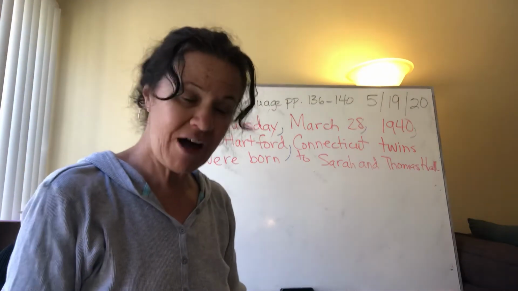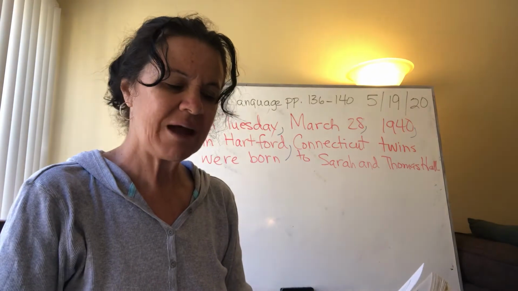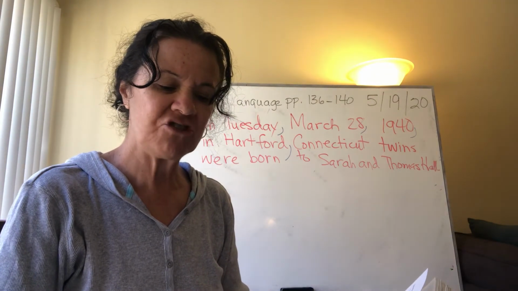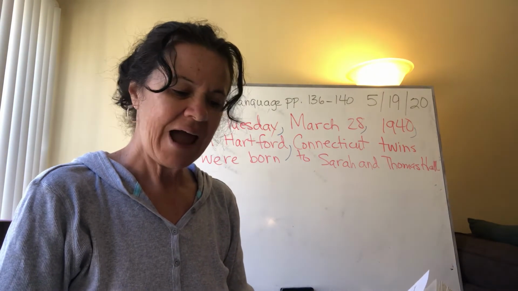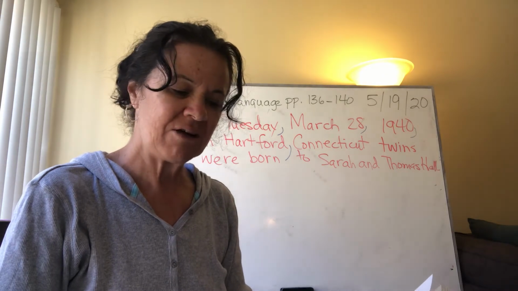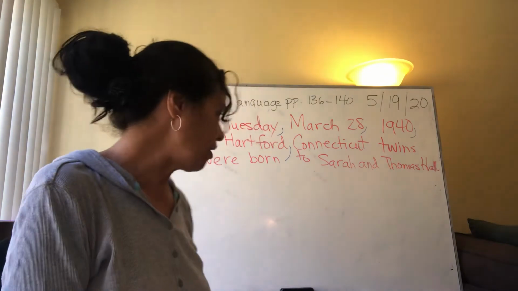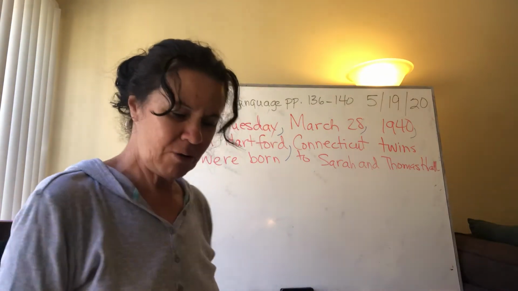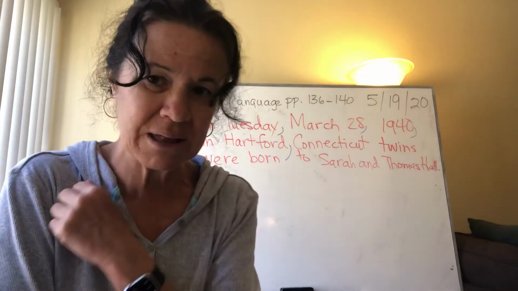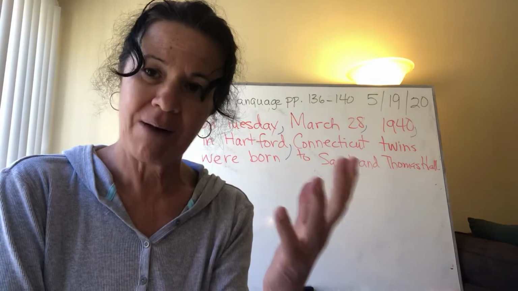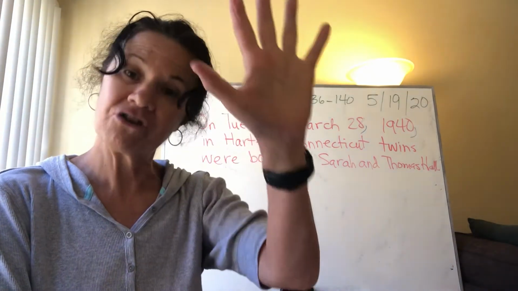Comma rule number 5. It says use a comma after the salutation of a friendly letter and after the closing of any letter. Salutation is like dear so-and-so. Okay, so we see our examples there. I'm not going to write that on the board because that's pretty simple. Dear grandmother, comma, that's the salutation, like the greeting.